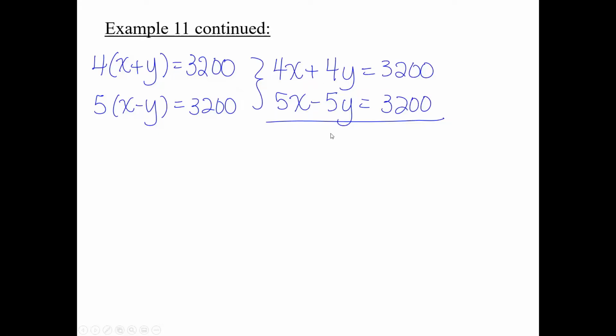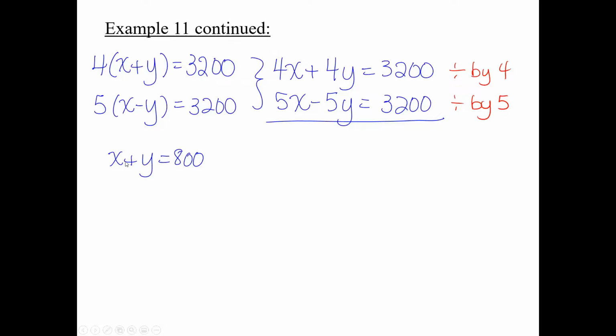I don't have an opposite pair, so I've either got to do that or I've got to do it by substitution. In this case, I'm going to divide, since 4 goes into everything here, I'm going to divide everything by 4. And since 5 goes into everything here, I'm going to divide everything by 5. Those are just coincidental. It won't always happen that way.